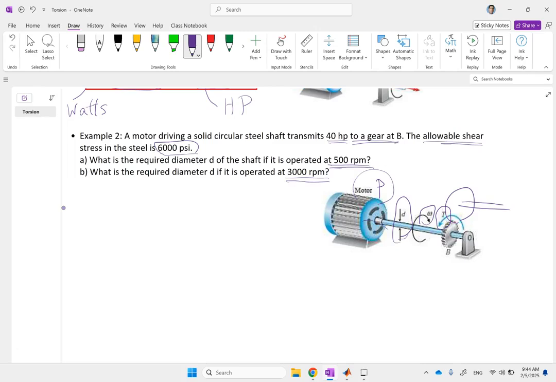Right? So this is a design problem. What shaft diameter should we consider so we can pass so much horsepower at so much RPM from a motor and a gear to another system while this material is already selected. Now in the design, sometimes the material is not selected. You have to consider both geometry and material.